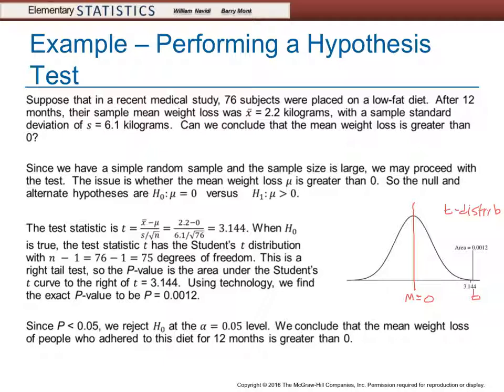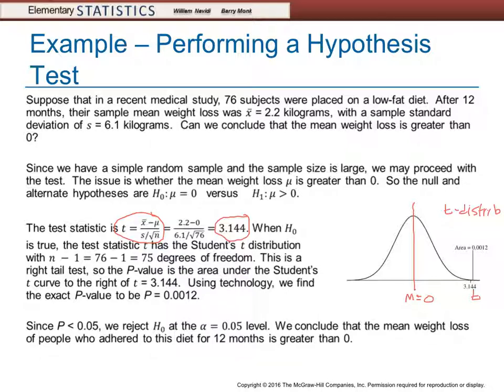The test statistic t is calculated by x bar minus mu divided by s divided by the square root of n. When we plug the numbers in, 2.2 is x bar, 0 is mu naught, 6.1 is the sample standard deviation divided by the square root of 76. We get a calculation for t to be 3.144.